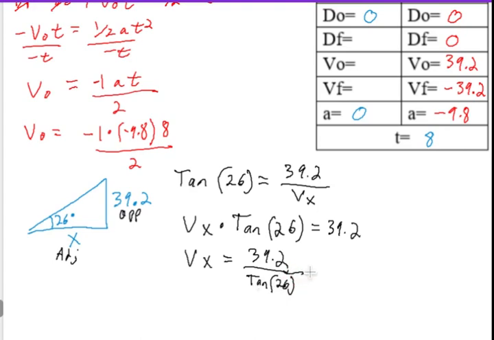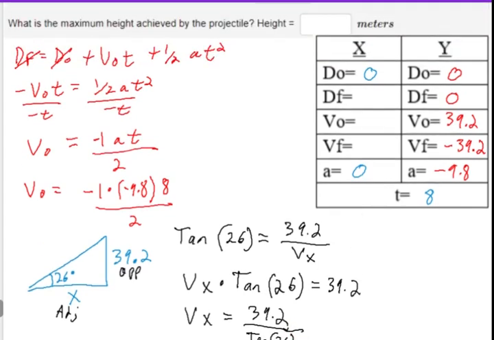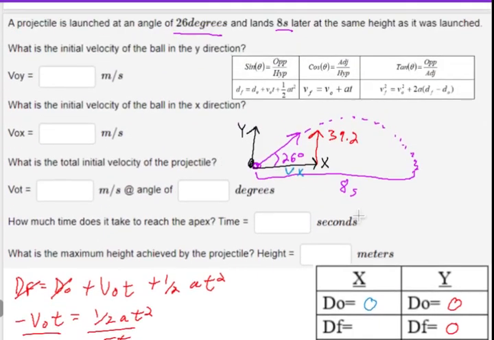Now I've solved for Vx. I find out that Vx should be 80.37. And once I know VOX, I actually know VFX because it doesn't change. That's also 80.37. So let's go ahead and add this information to my table above.